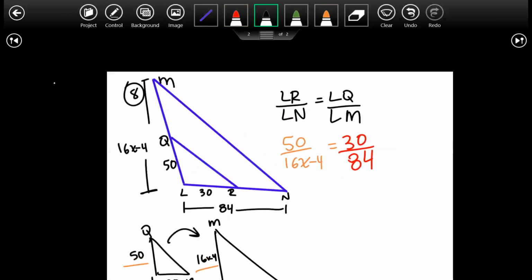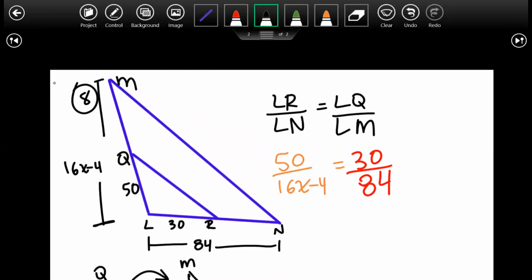What should I do here? What's the biggest thing? Cross multiply. Definitely need a calculator. Don't drop your calculator. If we're going to cross multiply, just showing you all the steps, we're going to do 50 times 84, and then 30 times 16x minus 4.